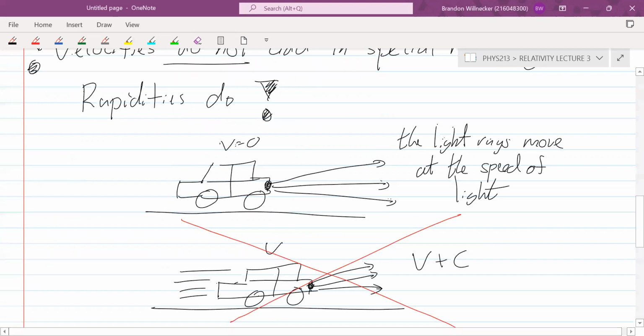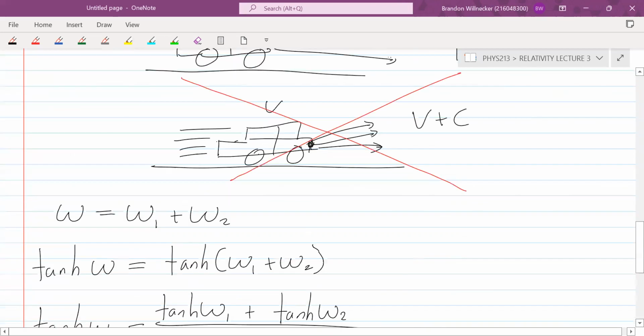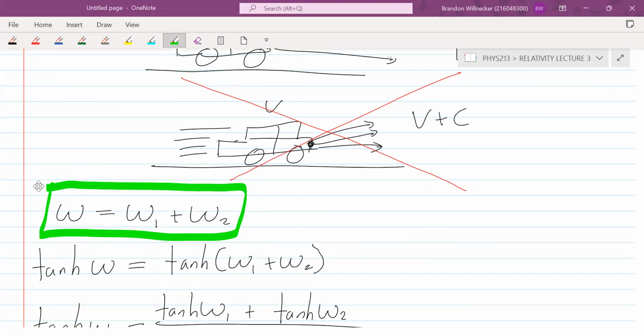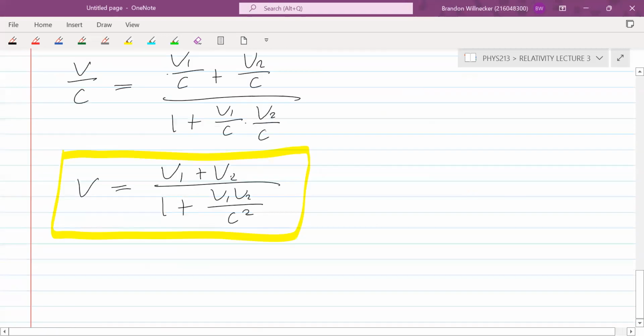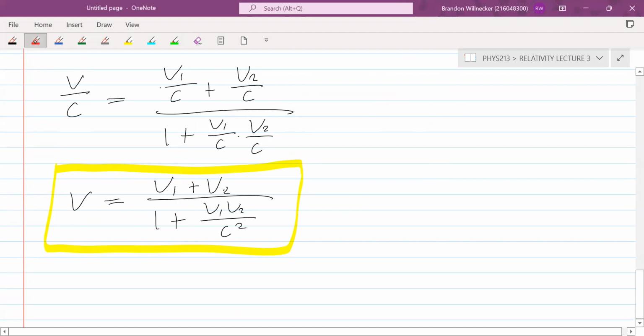So we should be looking at this omega instead. You see, it makes much more sense because rapidities can just add. Whether you are adding the speed of light to the speed of your car, there's no problem with that. You simply add the rapidities. However, if you want to look at it in terms of the velocity picture, you see it's a bit more complicated. So we should be working with rapidities rather.